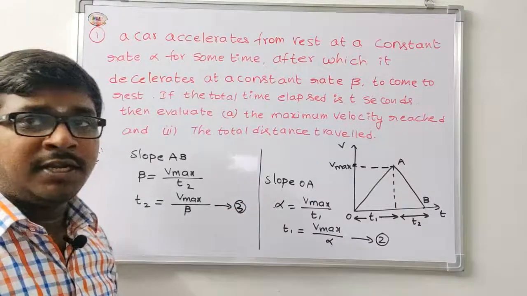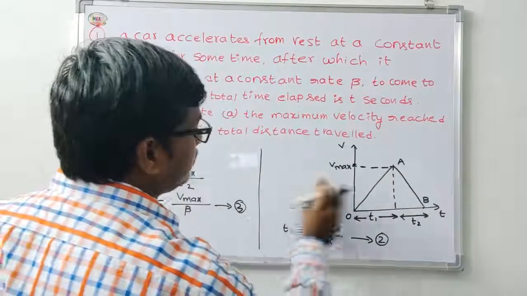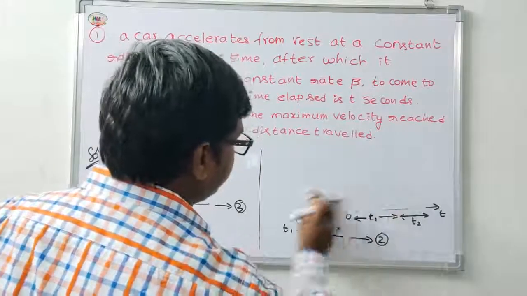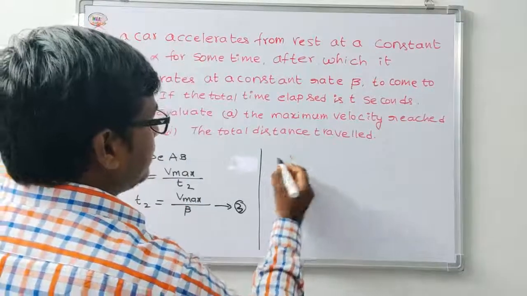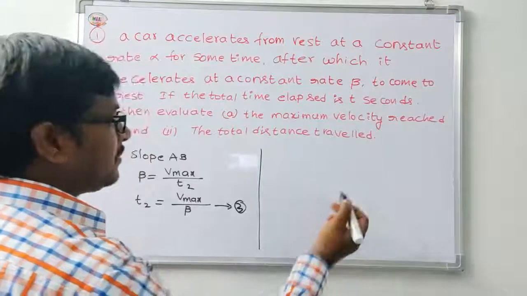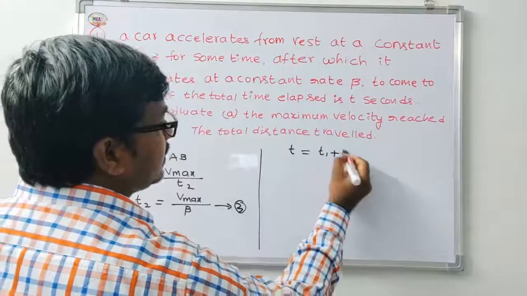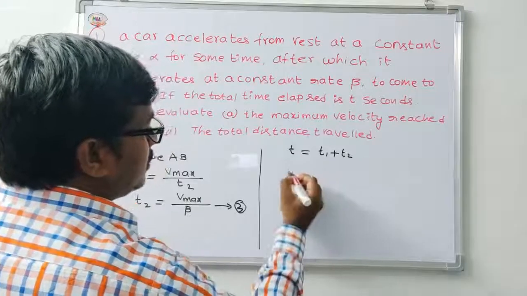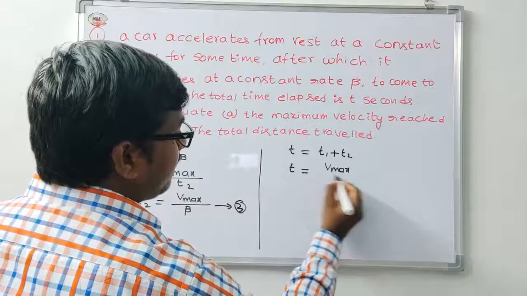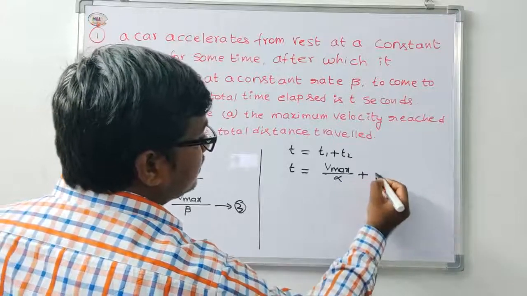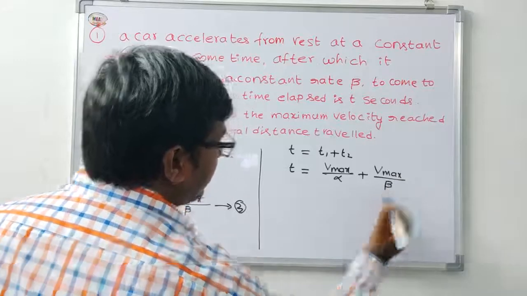From equations 1, 2 and 3: t is equal to t1 plus t2, that is, t is equal to v maximum by alpha plus v maximum by beta.